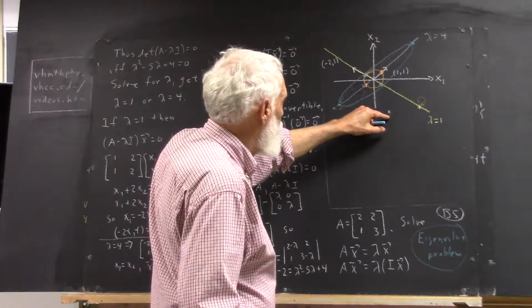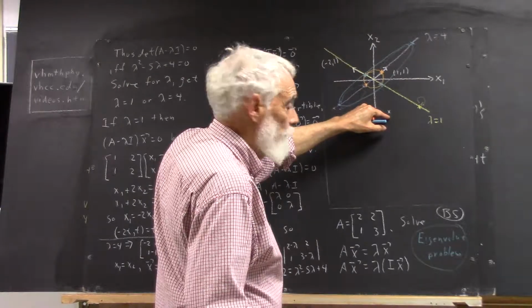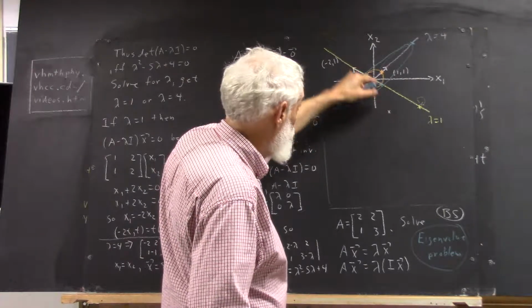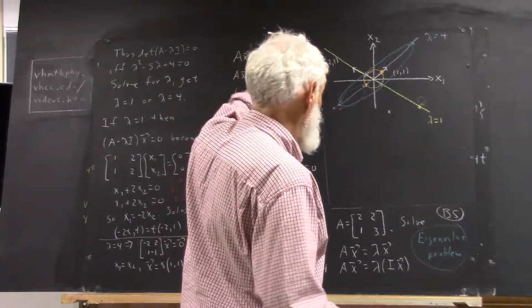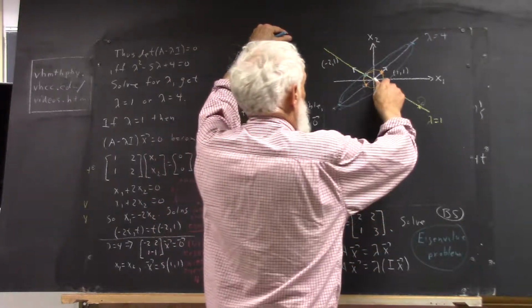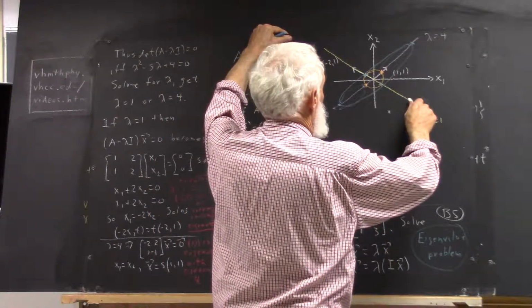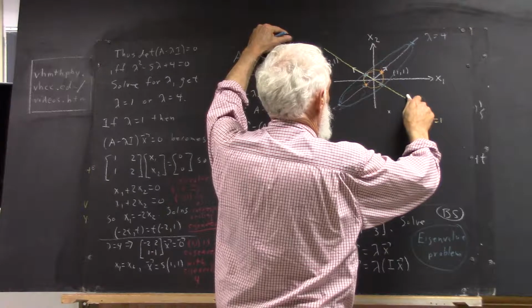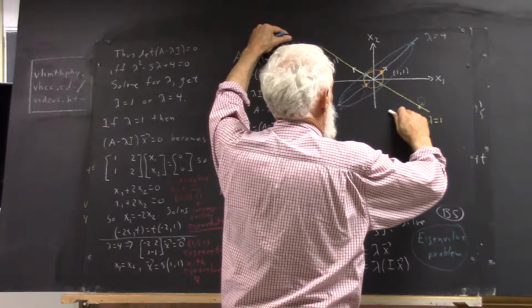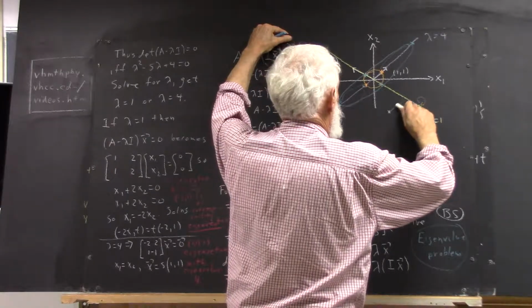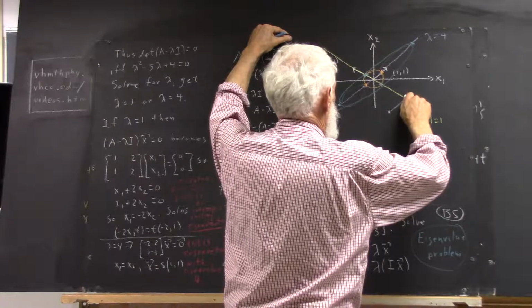If I take this point, how do I get to this point? How do I define this point in terms of my eigenvectors? Well, I can move from here to here, and then move parallel to this, okay?